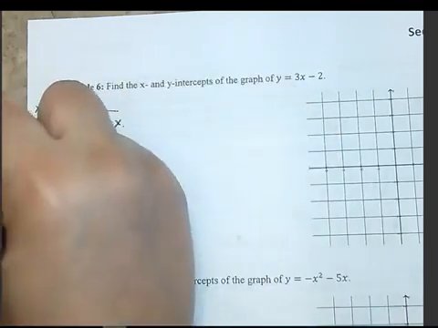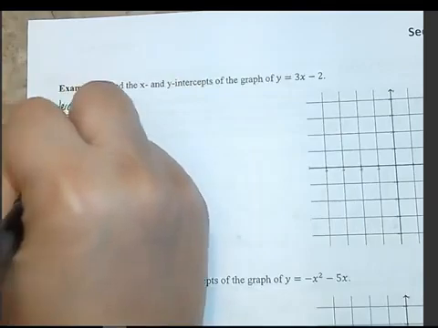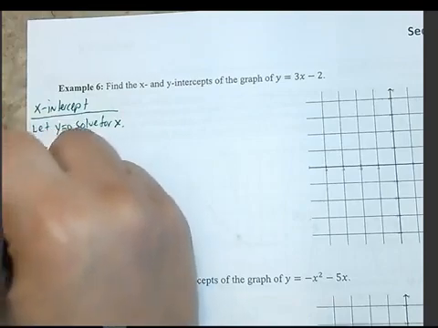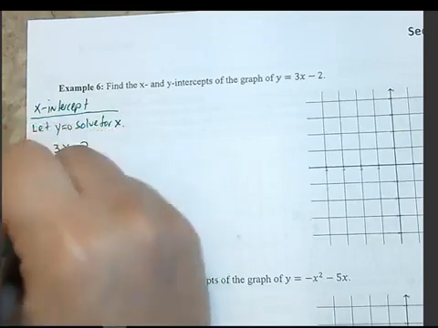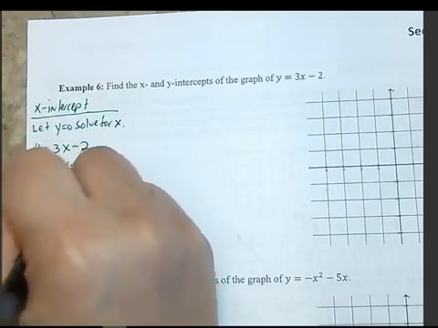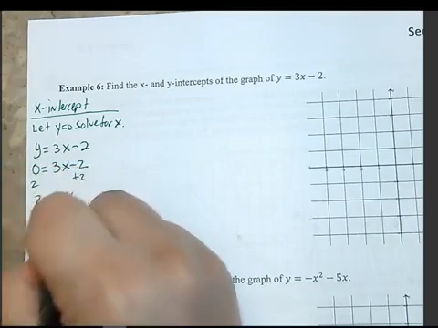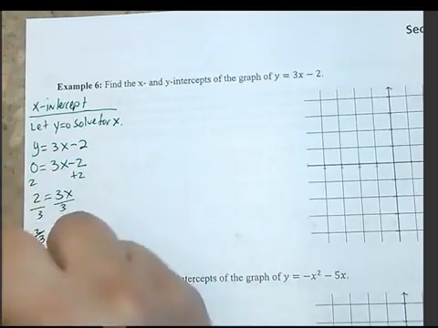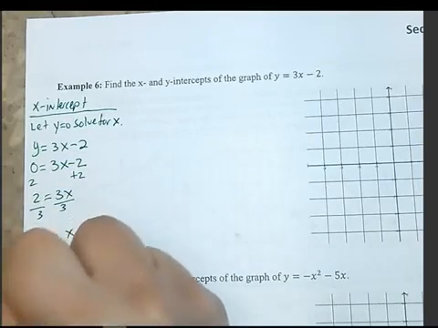Okay, so your equation is y equals 3x minus 2. We're going to let y equal 0 and solve for x. So I'm going to add 2 on both sides. So x is 2/3. So my x-intercept is 2/3 and 0.